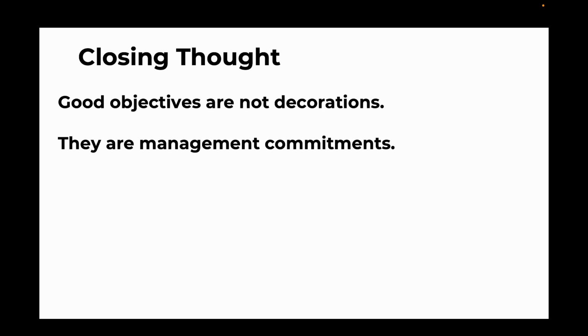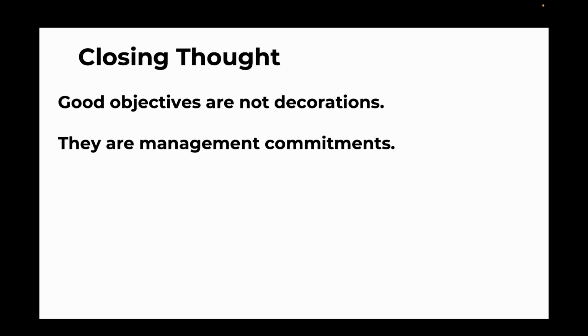So, let's close. Environmental objectives should not be decorative statements. They should be management commitments. For BlueRiver, a good water objective should clarify what must improve, how much improvement is expected, by when, who is responsible, what actions are needed, and how progress will be measured.